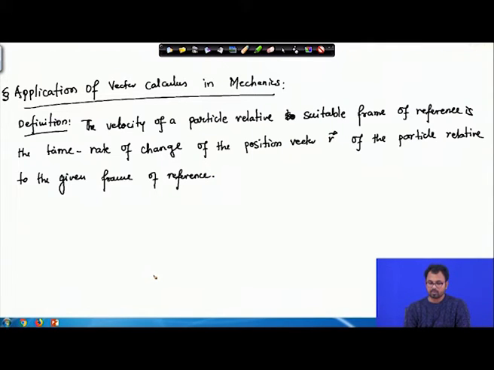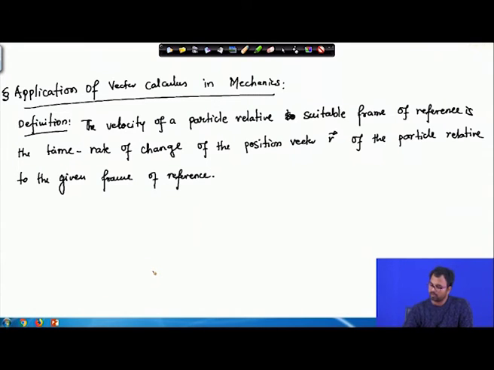So, that means the velocity of a moving particle is basically the time rate of change of the position vector. If we talk about the position vector, we are talking about the direction in a way, and how the direction of the particle is changing over time. That time rate of change of the position vector is called the velocity, all right.